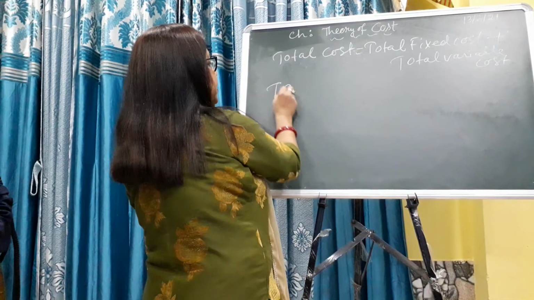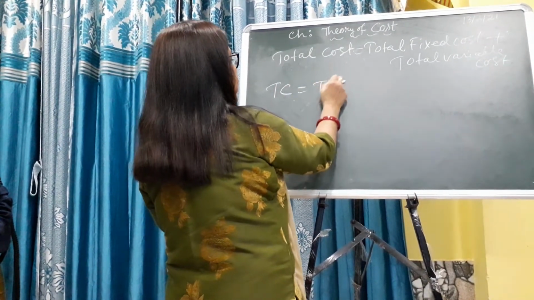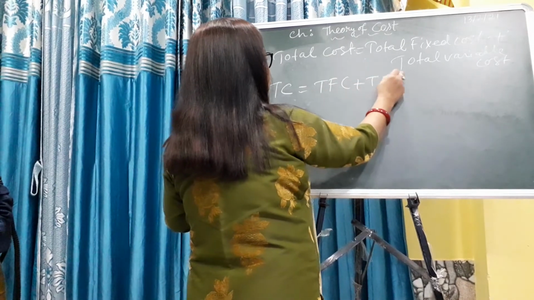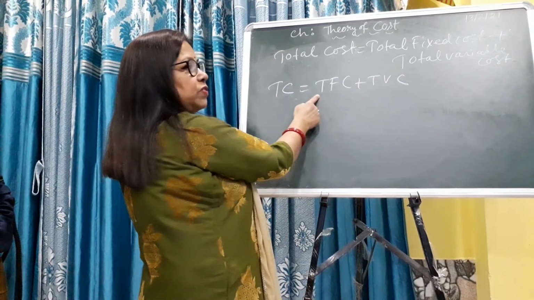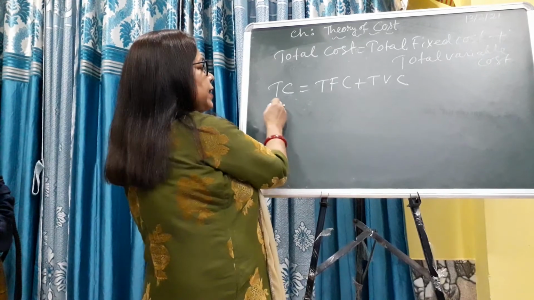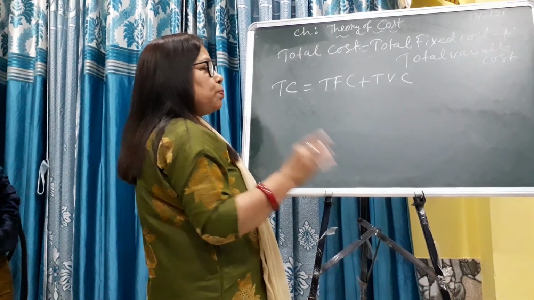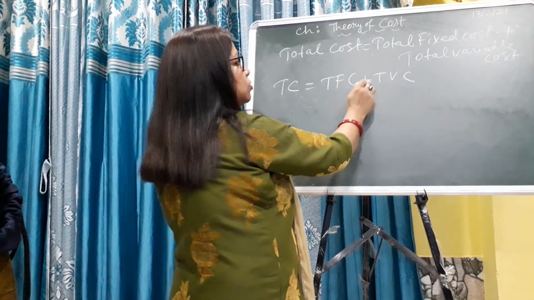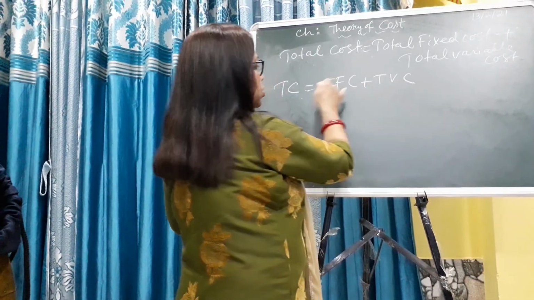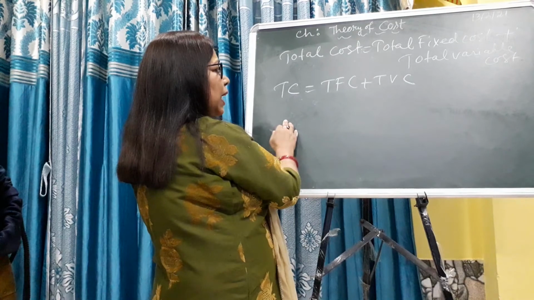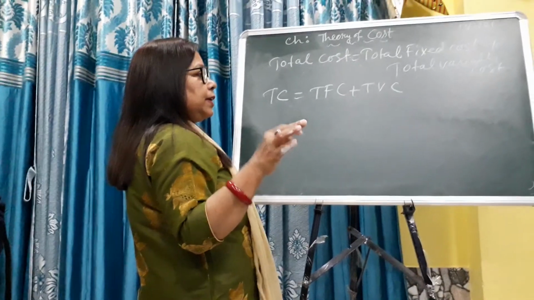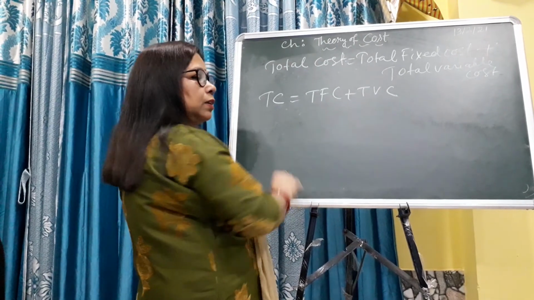Symbolically you can write TC equals TFC plus TVC. Now I am going to explain the diagram of total fixed cost.